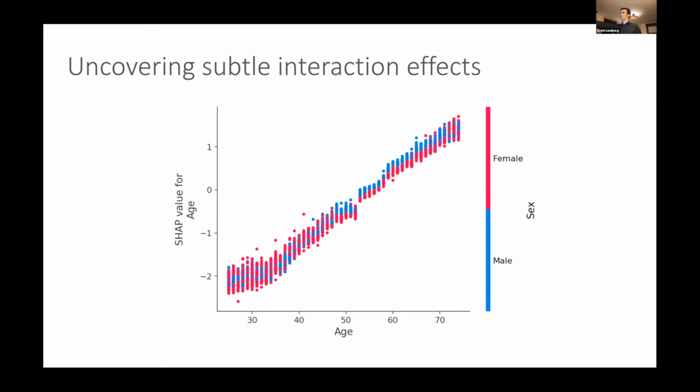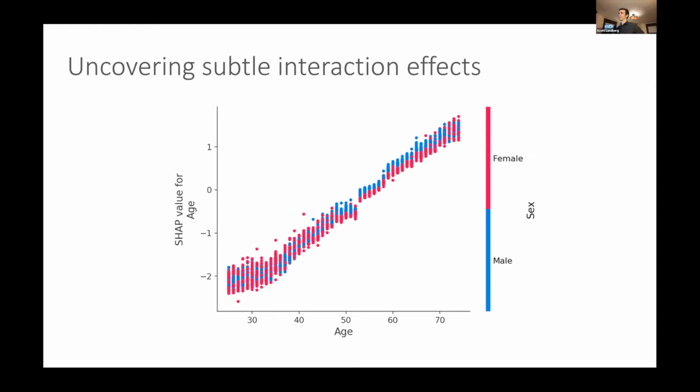That's kind of how the world works. And then what you can see here is that blue dots on the top and red dots on the bottom show that men have a higher mortality risk than women within a certain age range, right? You don't see that separation in the 30s and 40s, but once you get close to 50, 60, then you see this very clear separation between men and women.